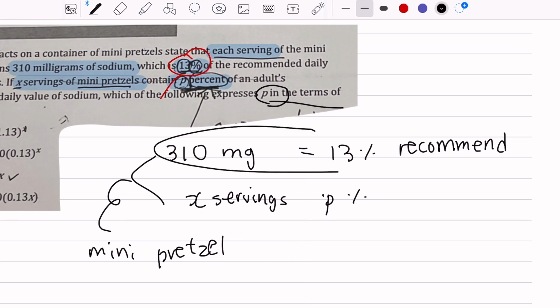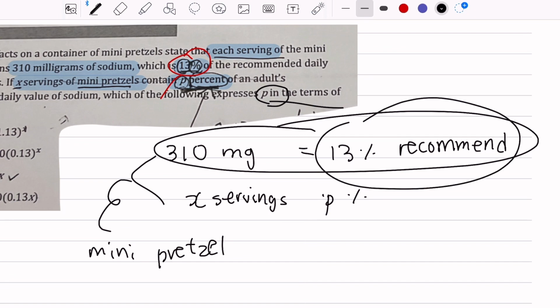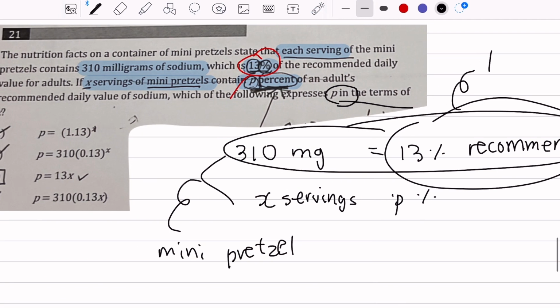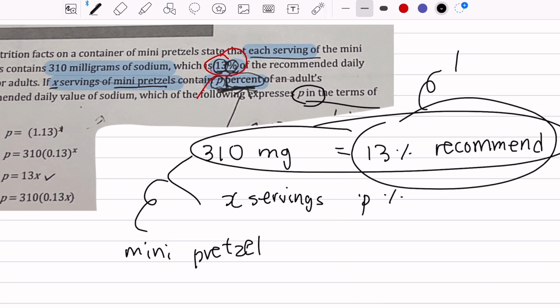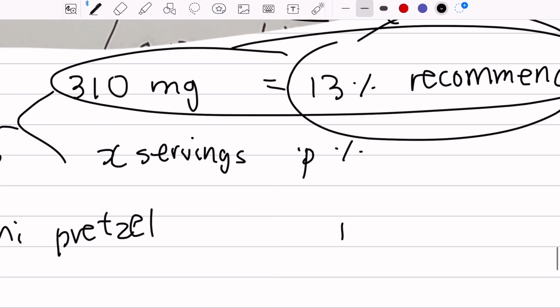So the 13% is about one serving of the pretzel, right? So when you have one pretzel, you get 13%, 2 pretzels, 26%, like that.